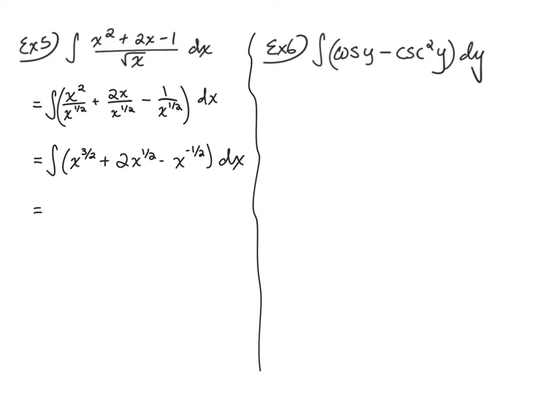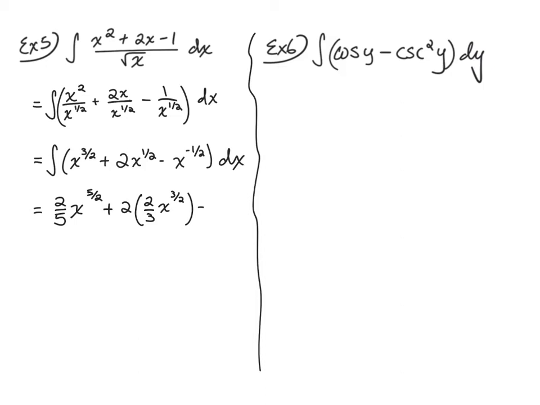This will be, add 1 to the exponent. This is 5/2. Multiply by the reciprocal of the new exponent. Plus 2 times, add 1 to the exponent, x to the 3/2. Multiply by the reciprocal of the new exponent.